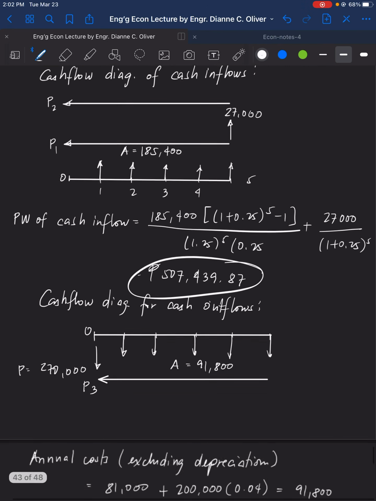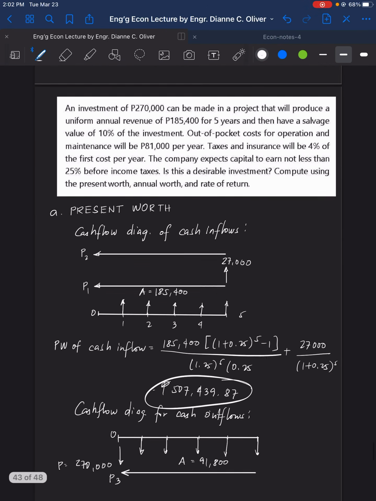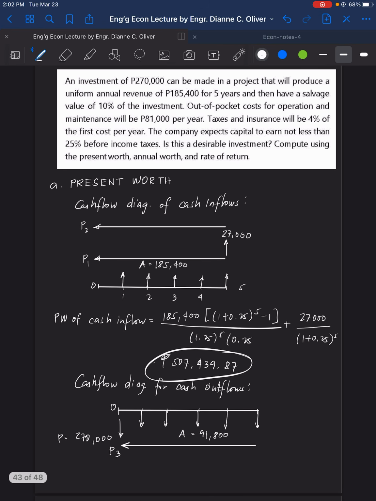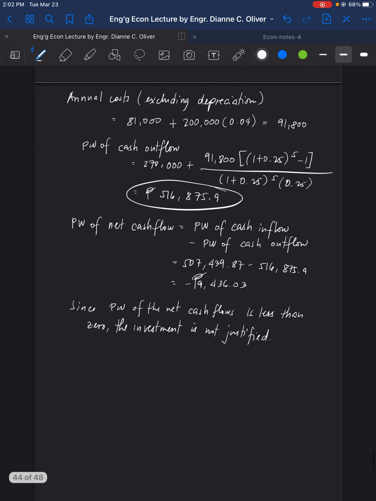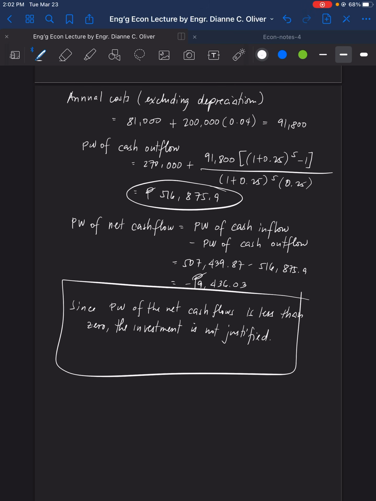So that's for the fourth sample problem. This is actually the answer, because it's asking if the investment is justified.